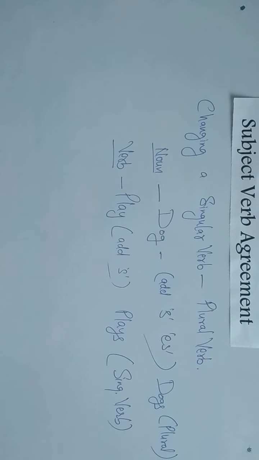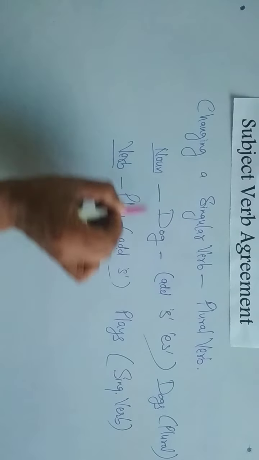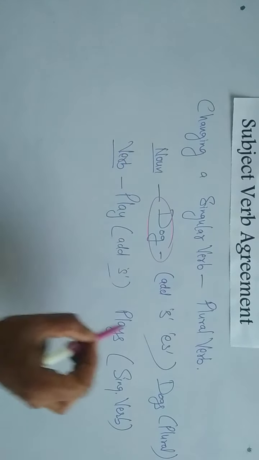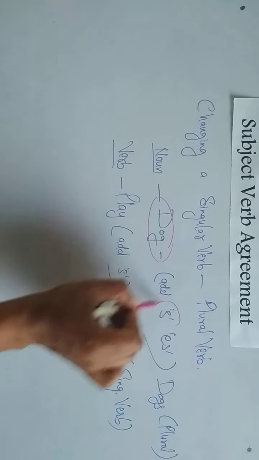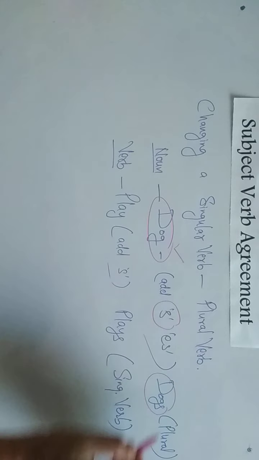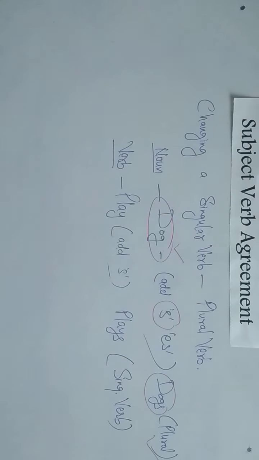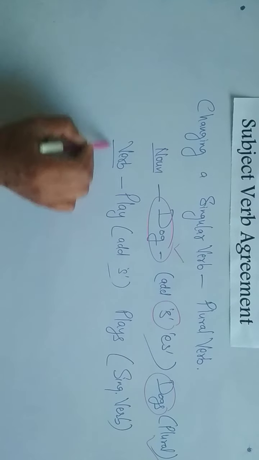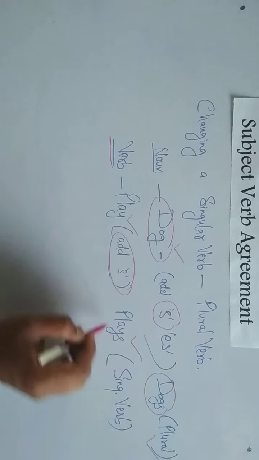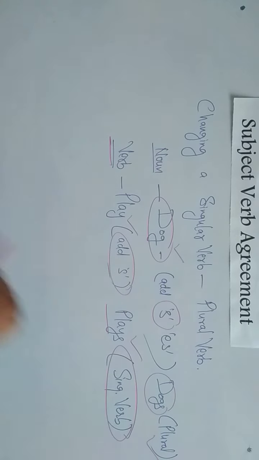So you saw here, first of all we took an example from a noun. The word is dog, and when we added s to the noun dog, it changed into dogs, and dogs is a plural noun. But when the same action was applied to the verb play, and we added s to it, it becomes plays, but this is a singular verb.